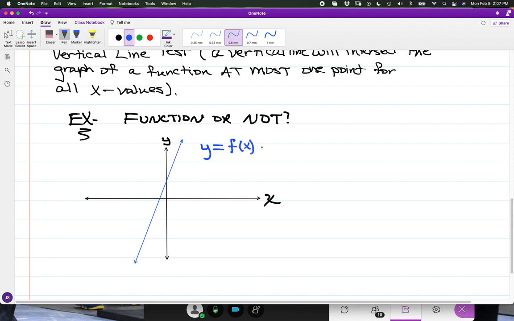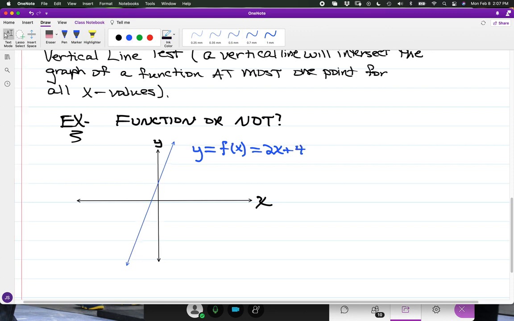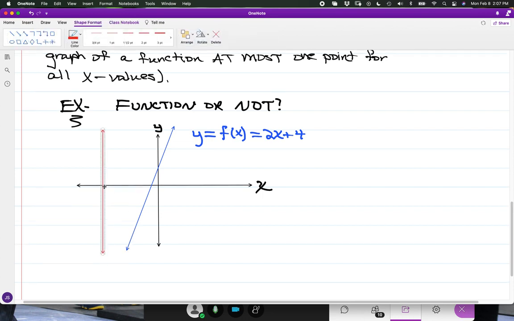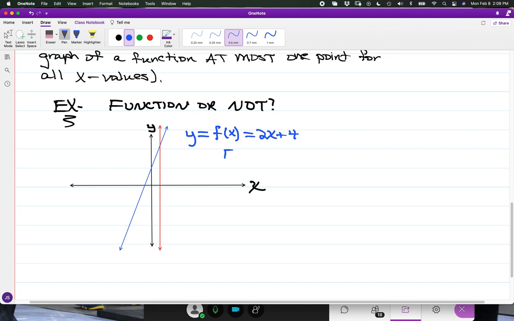But let's say we have y is equal to 2x plus 4. If I'm applying the vertical line test and running it through the graph, going from end to end, I have intersection at one point, and as I continue along what I have for x, I still have at most the intersection at one point. So y equals 2x plus 4 is a case of a function.